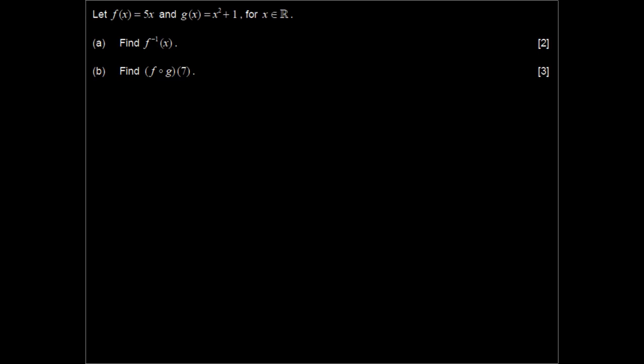So the way we would do this is, we've got f of x here is 5x, and then we want the inverse function of f of x. So if I was to write y is equal to 5x for the function of x, and then if I switch around the x and the y, I could say that x is equal to 5y. Then I would rearrange this equation to get it so it said y is equal to.